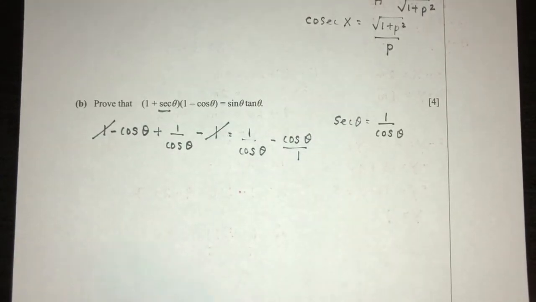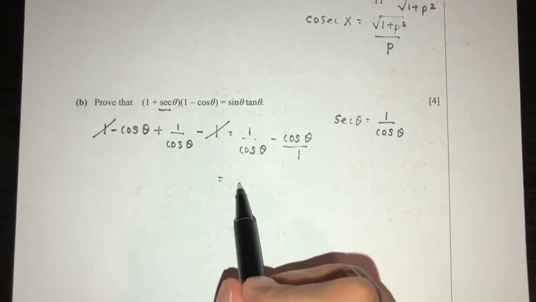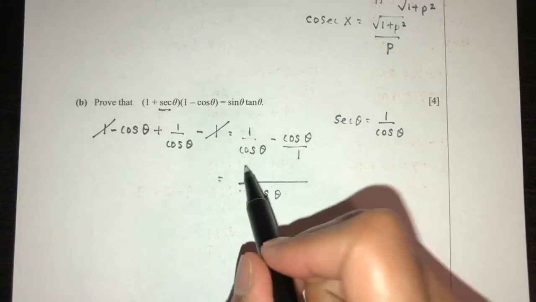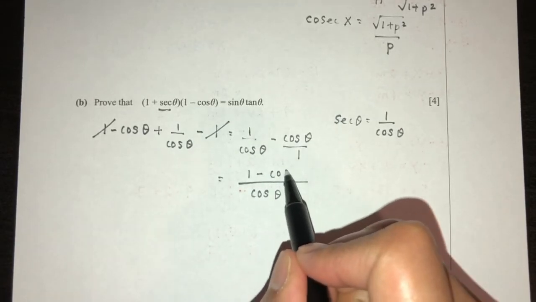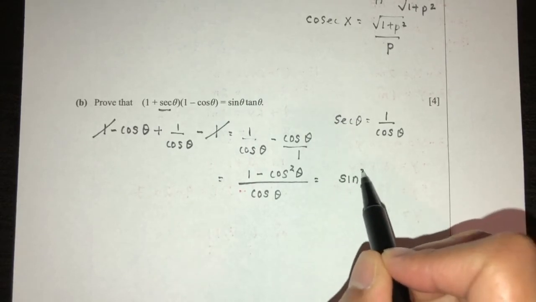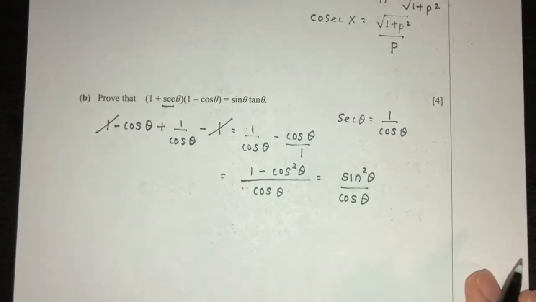So now we have to simplify. First, let's make it the same base. You will have 1 minus cos square theta over cos theta, which is equal to sine square theta over cos theta.